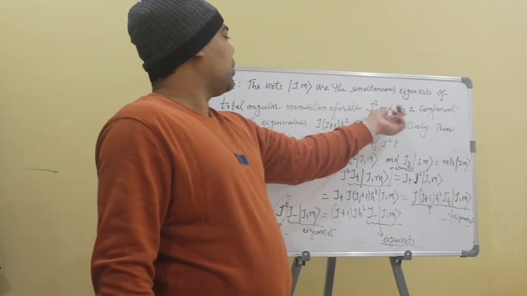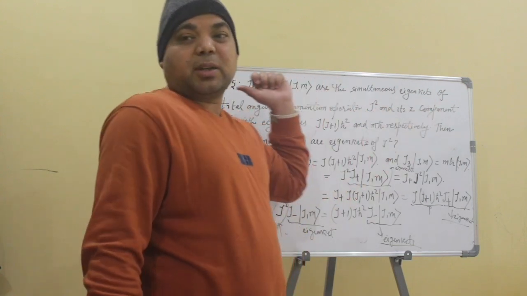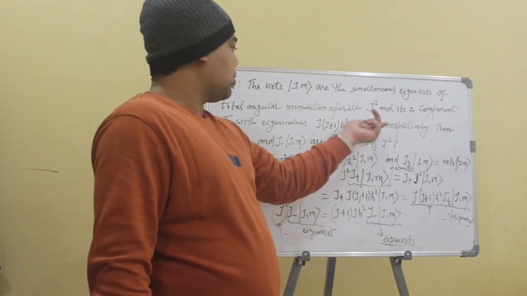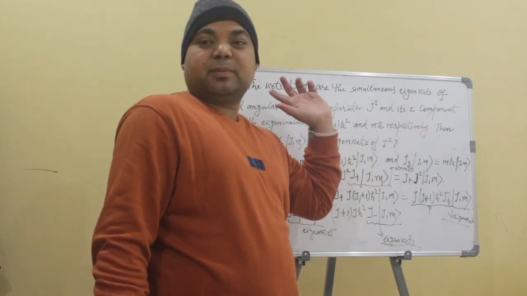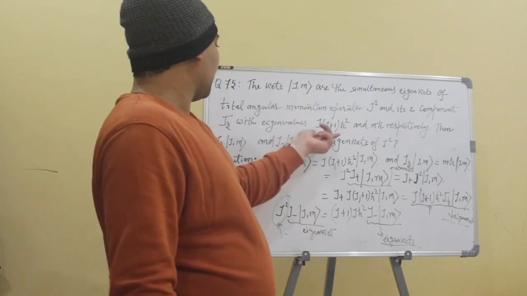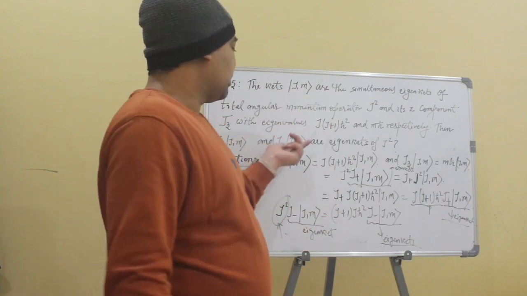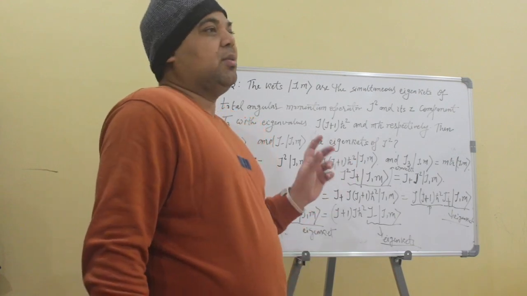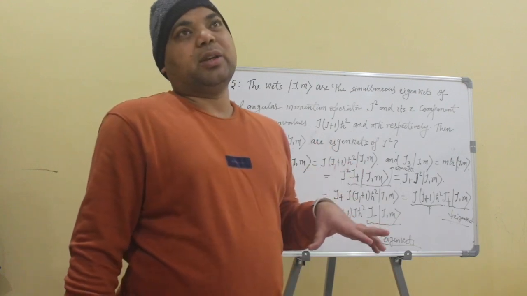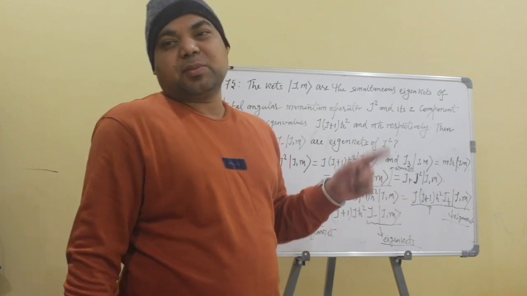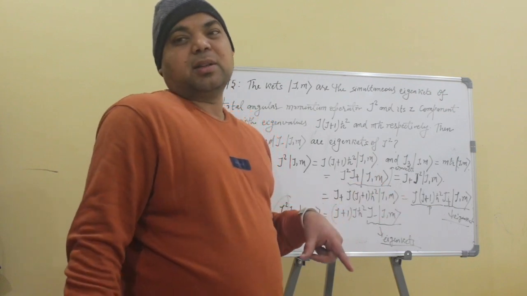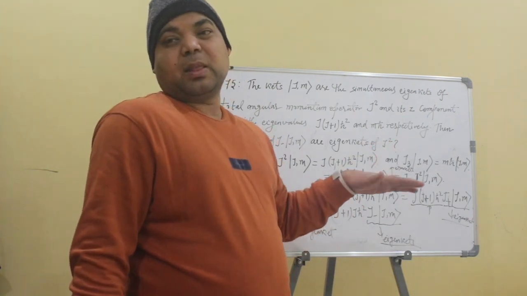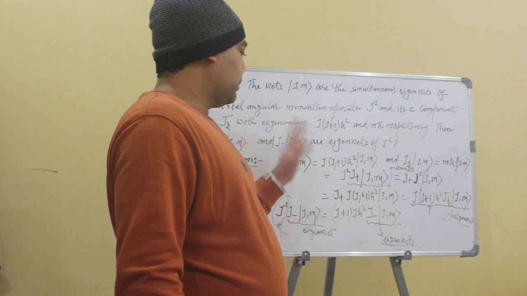So these two operators have the same eigenket, so they are commutative. Similarly here also, these two operators are commutative, so they have the same eigenstate. So it can be vice versa. If they are commutative, then they have the same eigenstate. If they have the same simultaneous eigenstate, then they are commutative. So both are true, right?